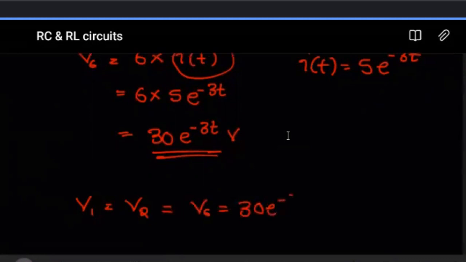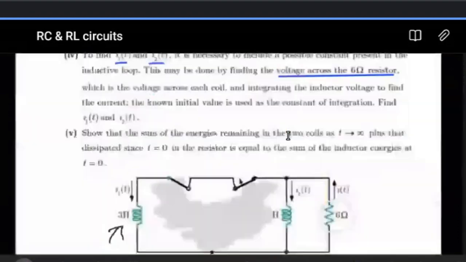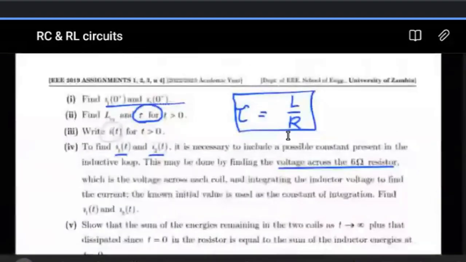But what becomes tricky is relating these voltage values to the current. Because remember, the question is not asking for V1 and V2. The question is asking us to find I1 and I2. But our observation is that V1 and V2 will be the same as the voltage across the 6 ohm.